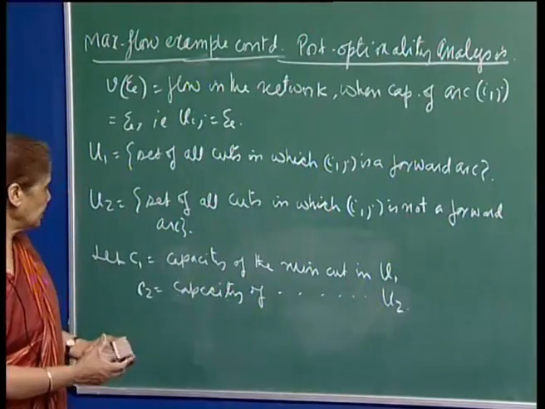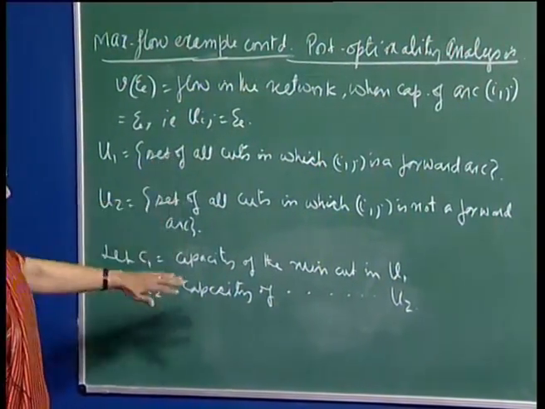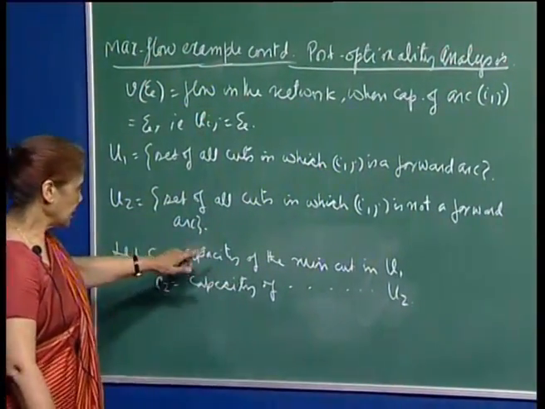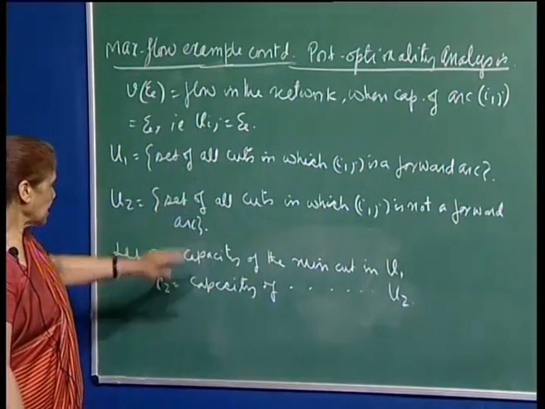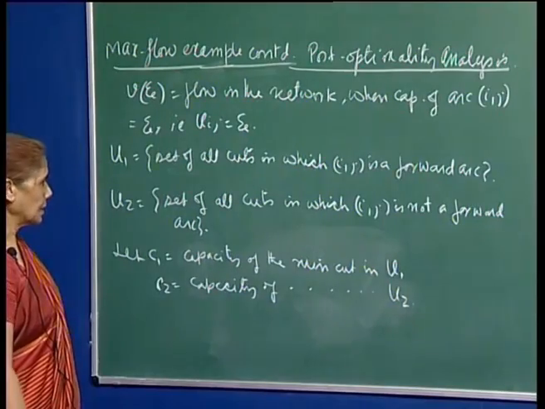Not that I am saying that we really have to find it, I am just denoting, because this is a finite set of cuts, and so among all these cuts we compute the capacity and select the one with the minimum capacity, and we say that that capacity is equal to C1. Similarly, this is C2 here, right.